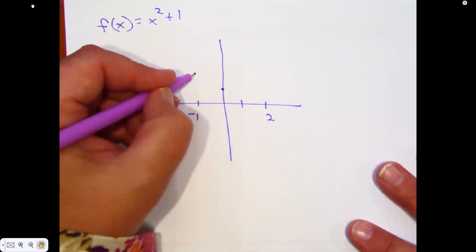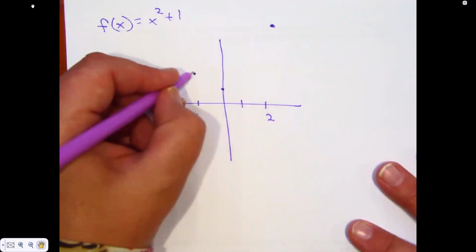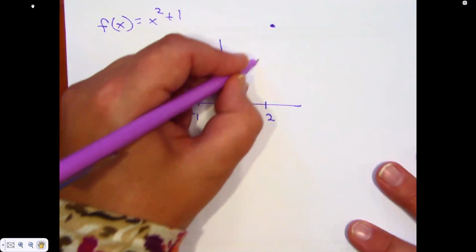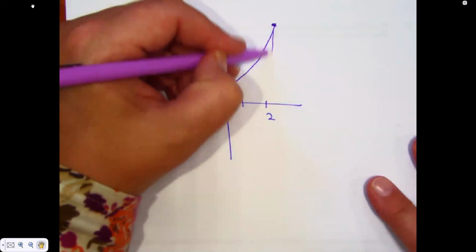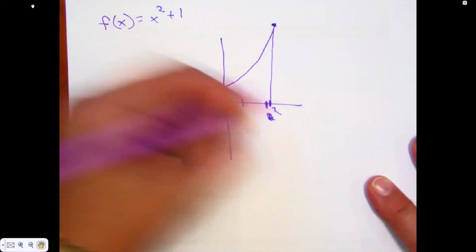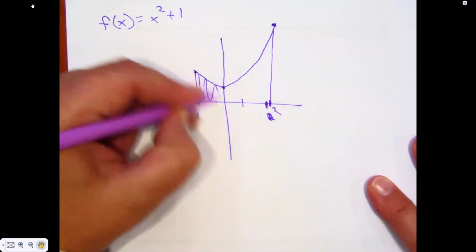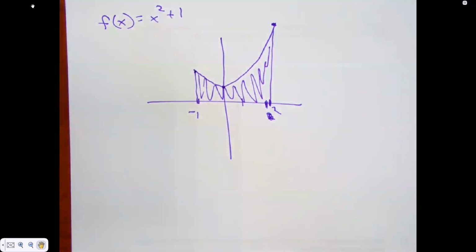So instead of finding the area, we're talking about this same area. That's the area that we're talking about. But we want to know the average height. The average height was 2.